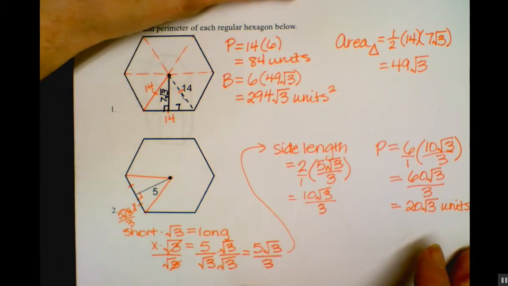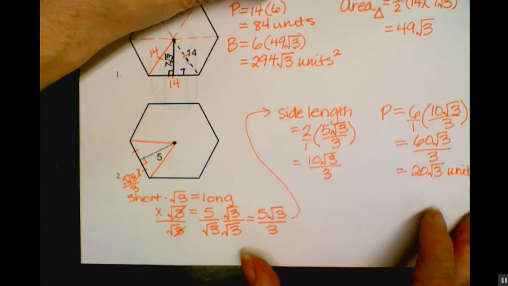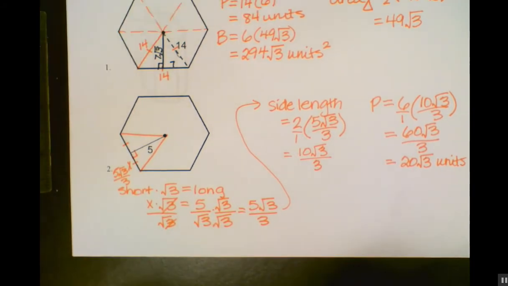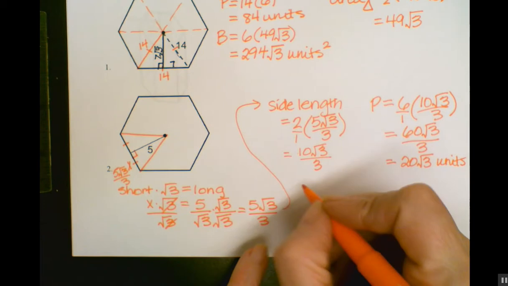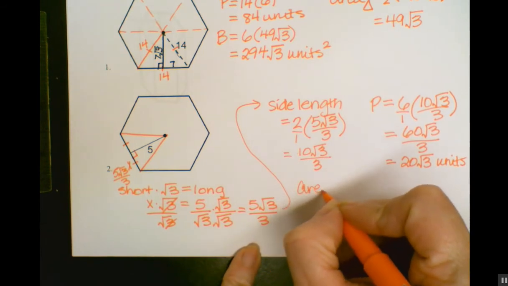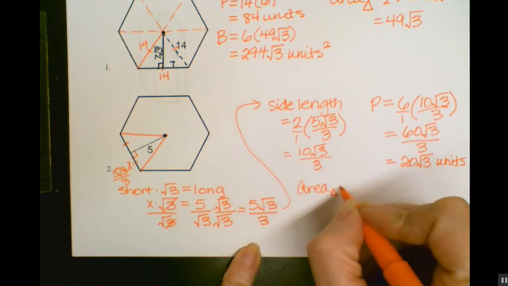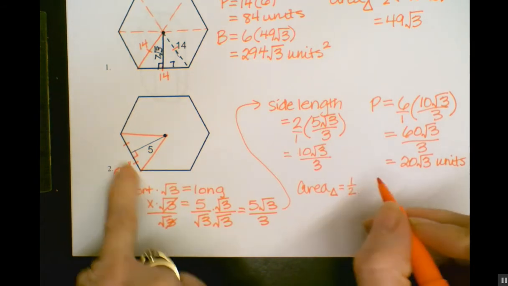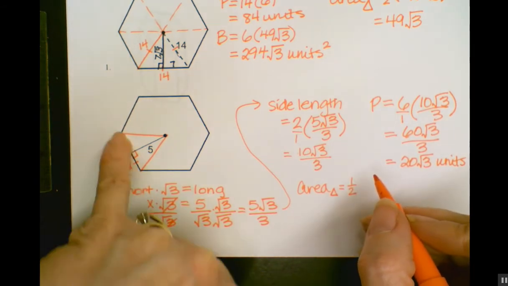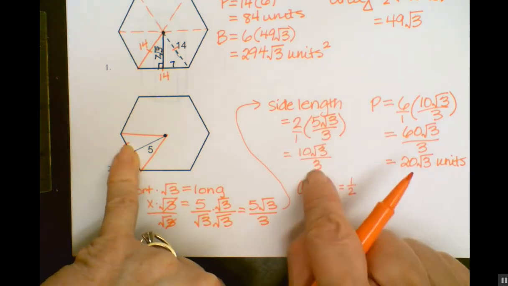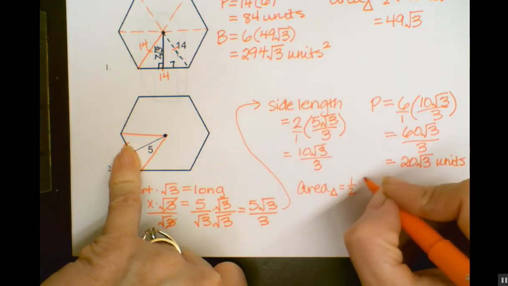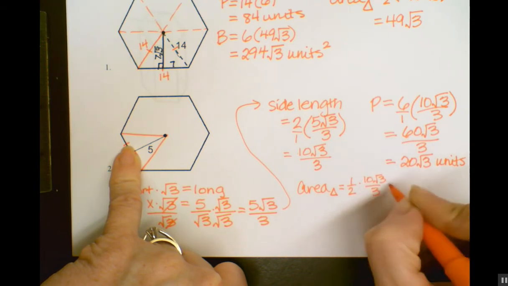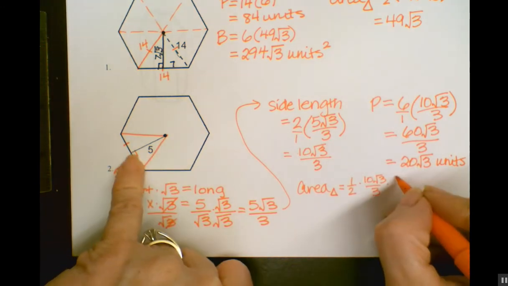Now when it comes to finding the area of the polygon, the area of the hexagon in this case, we want to start by finding the area of one of the equilateral triangles. So for the area of the triangle itself, we would take 1/2 times the side of the entire equilateral. Remember that side length was 10 square root 3 over 3. Times the height of the triangle, which was the apothem 5.